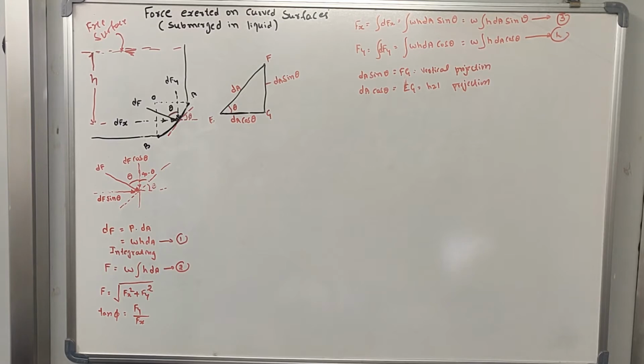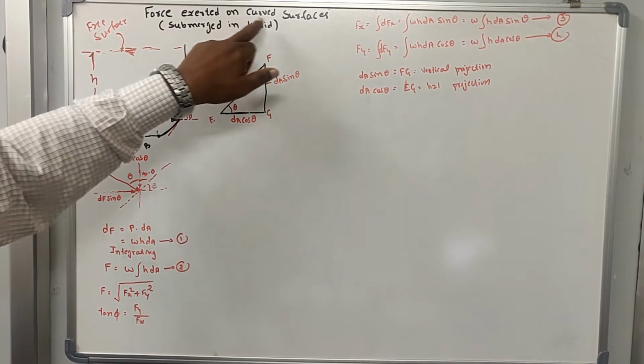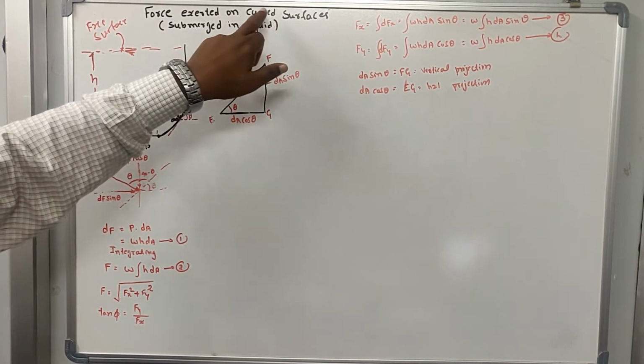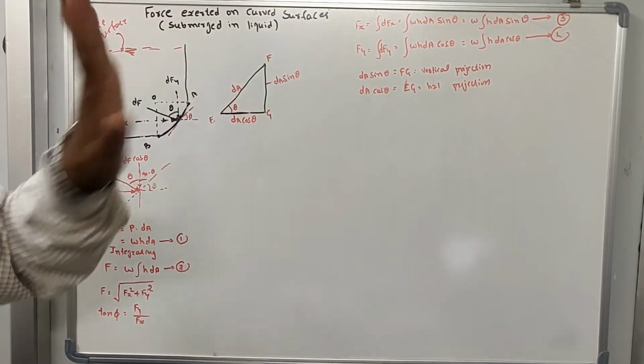Okay, students, good morning. Today we will discuss force exerted by the static fluid on the curved surfaces immersed in the liquid fully. That is, force exerted on curved surfaces and the curved surface is fully submerged in the liquid.